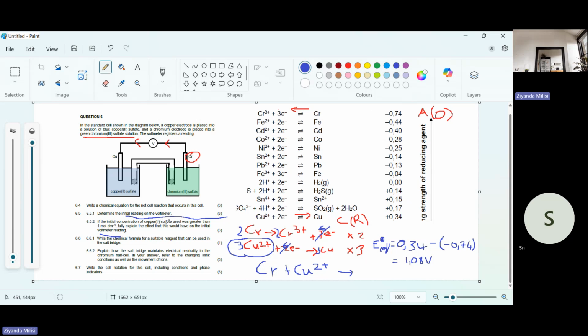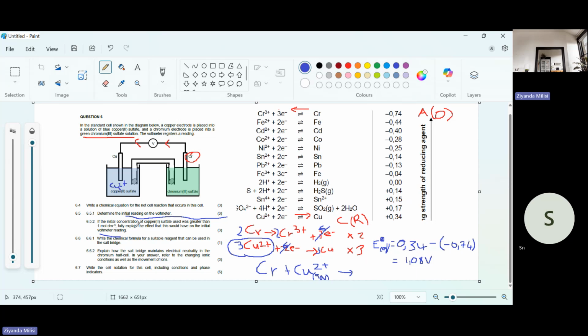Remember, Cu2+ ions are coming from this one, here, an aqueous solution. If now the concentration is increased, it's a reactant.